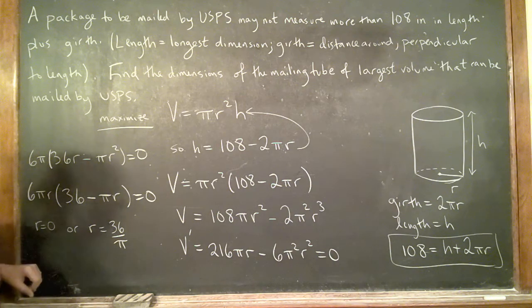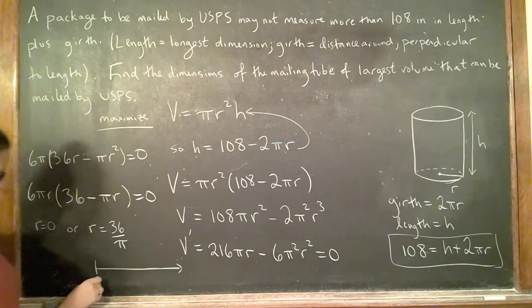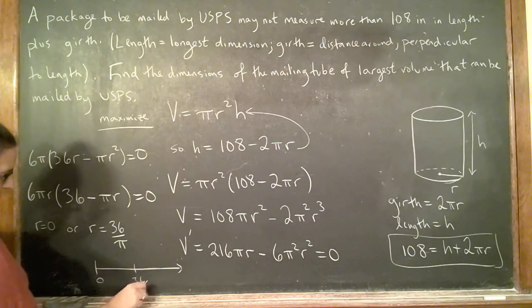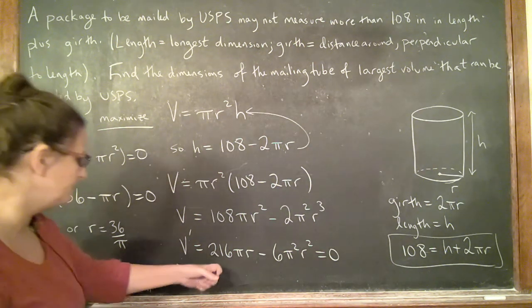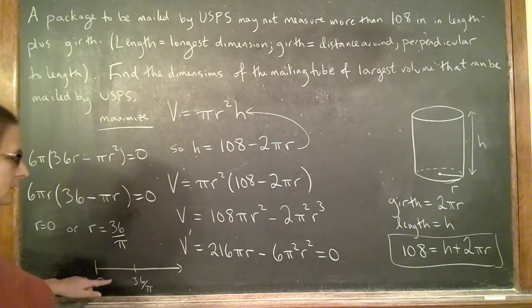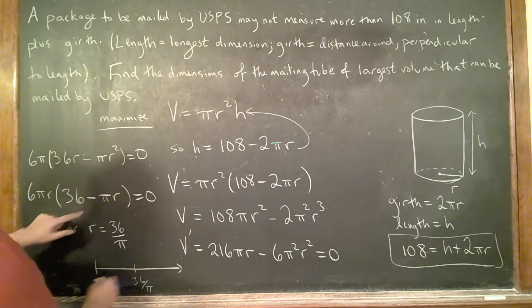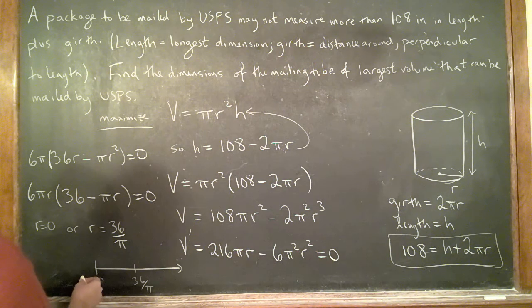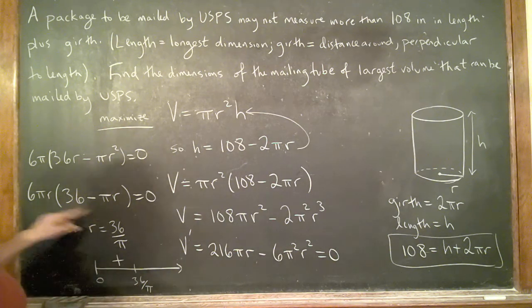We can check to make sure that 36 over pi is going to maximize my volume by taking a look at the derivative. If I put in something small, like 1, I get something that's positive.